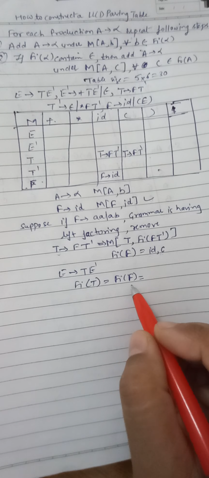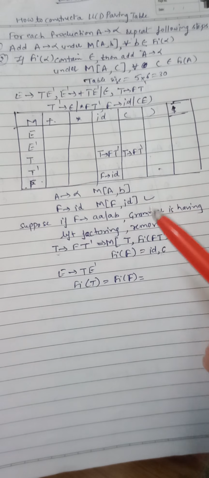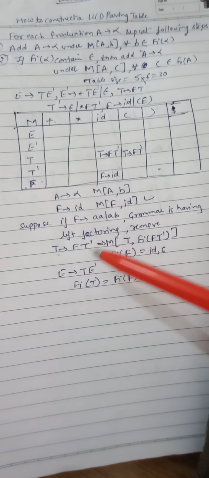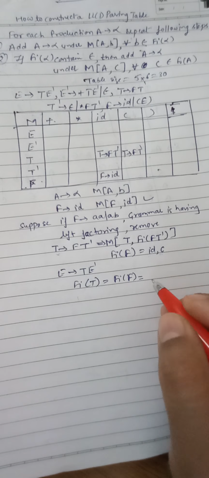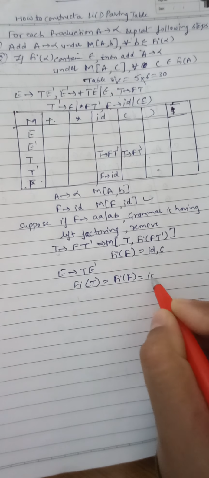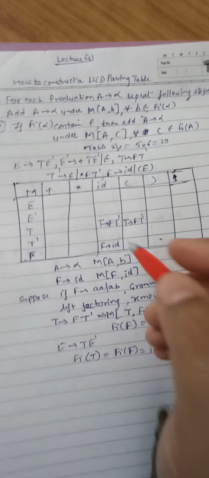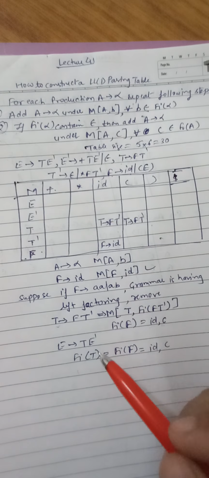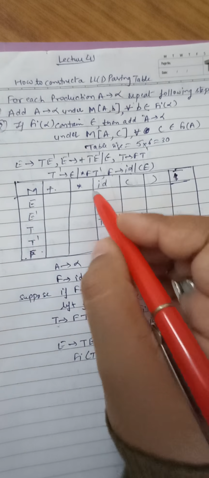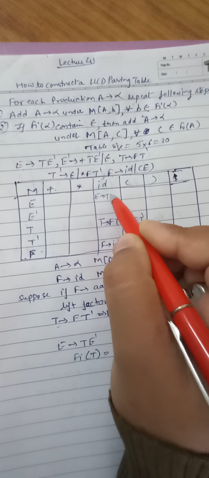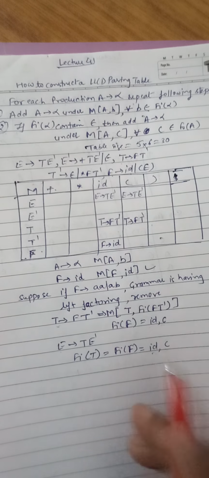First of t is equal to first of f, and first of f are these two, so we will write e tends to t e dash in both these terminals.